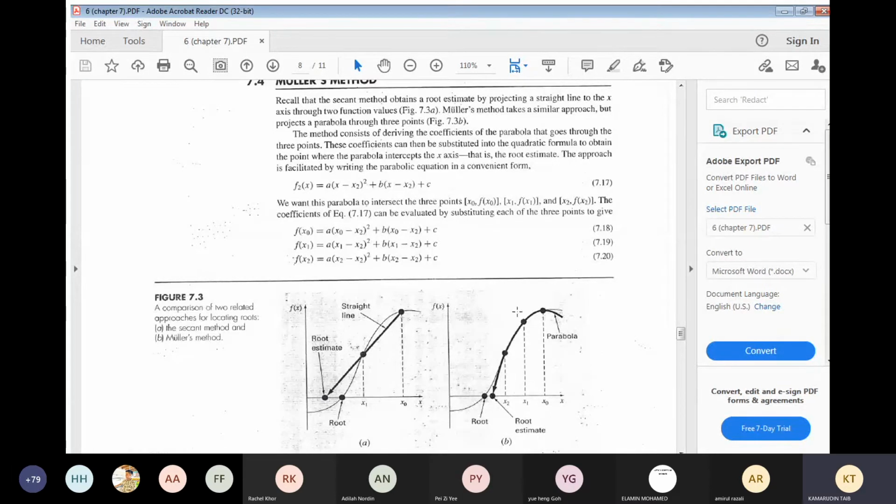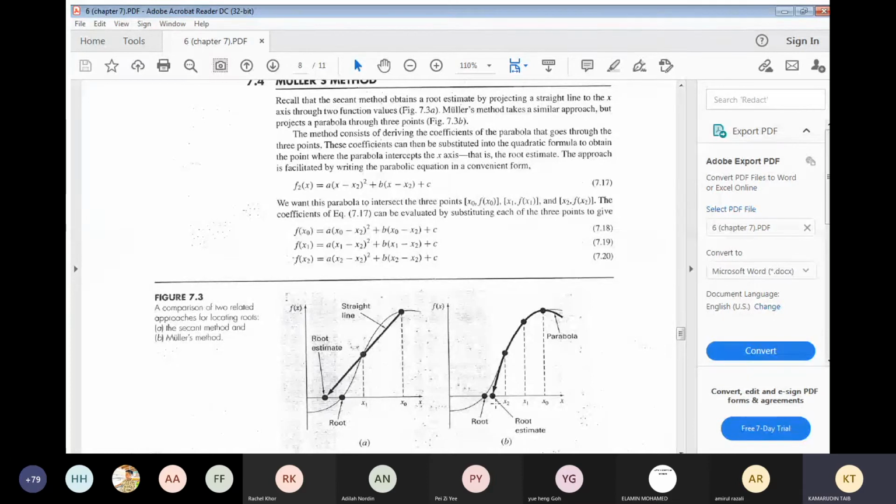This Mueller parabolic equation assumption is better than the secant method, where the second method only assumes a linear straight line convergence.